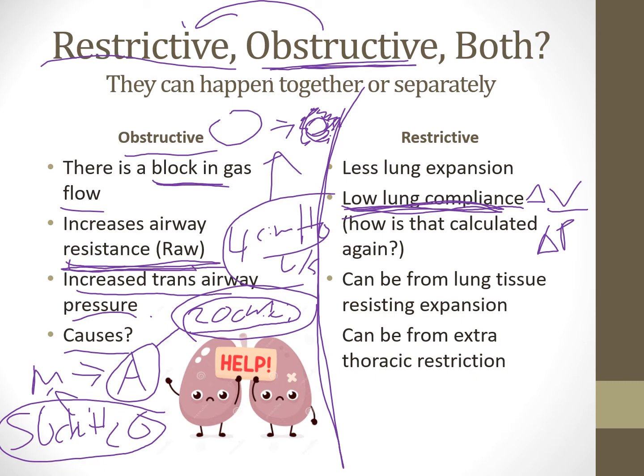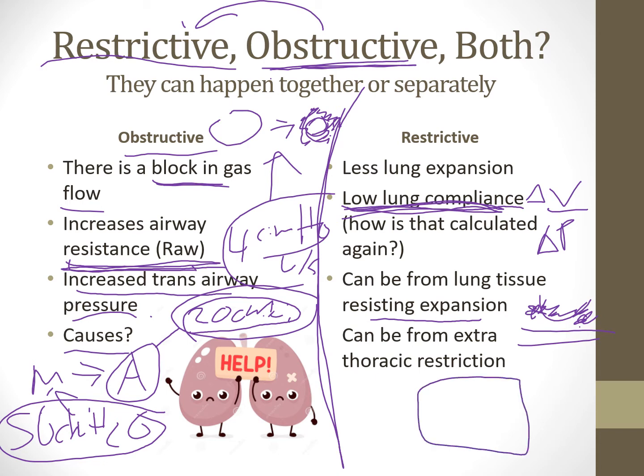So remember, restrictive disorders can be from the lung tissue resisting expansion, like we see with pneumonia, or pulmonary fibrosis, where there's scar tissue, or with pneumonia, where there's that lymphatic fluid in the loose space that's pushing away from the AC membrane. Or it can be something extrathoracic, right?